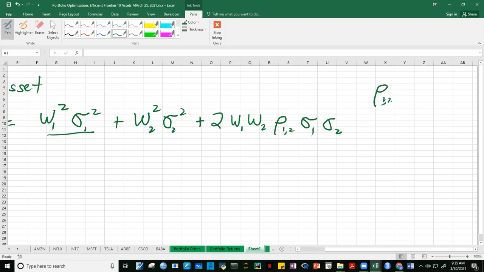The correlation of the two assets is equal to the variance, then standardized siya. Yeah. So this is actually equal to ito.